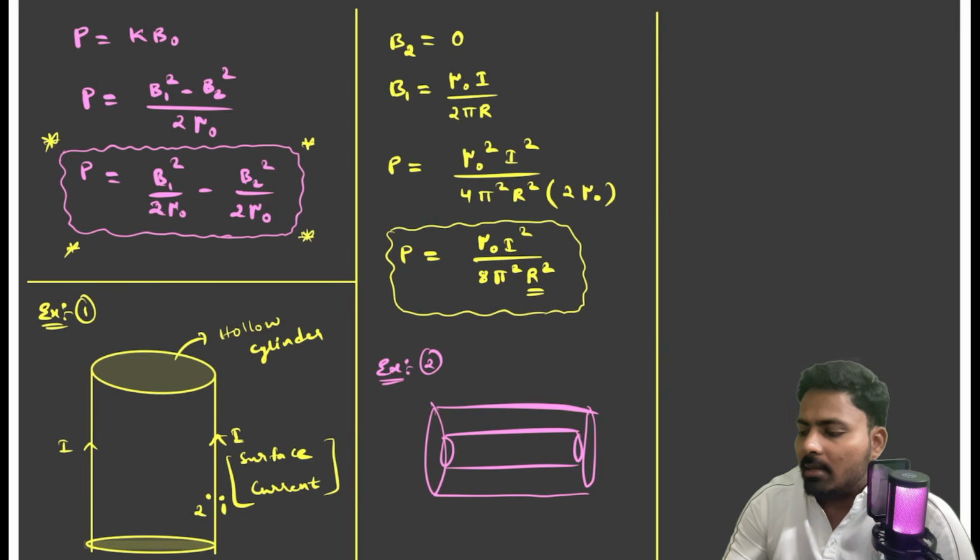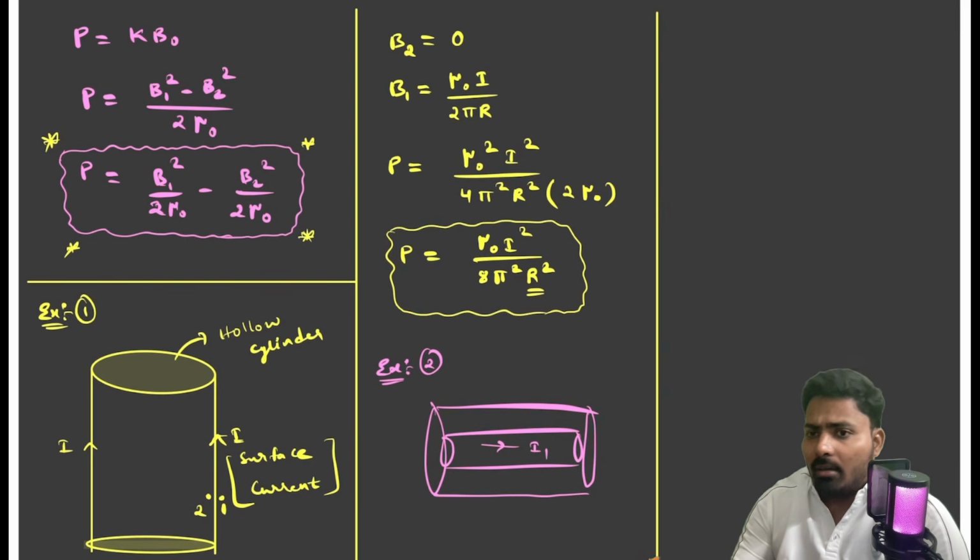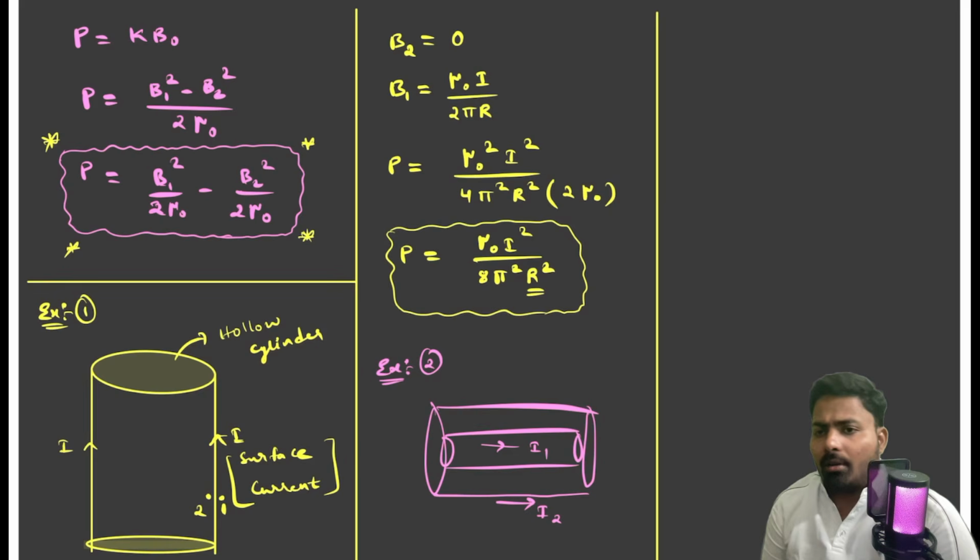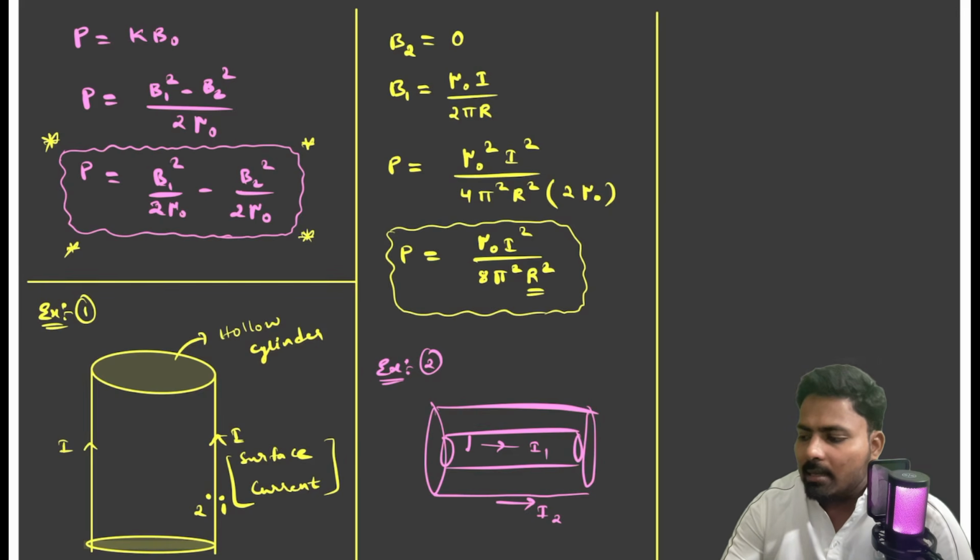Let's say the inner hollow cylinder is carrying a uniform current I1, and the outer cylinder is carrying a uniform current I2 only on the surface. Let's say the inner radius is R1 and the outer radius is R2.